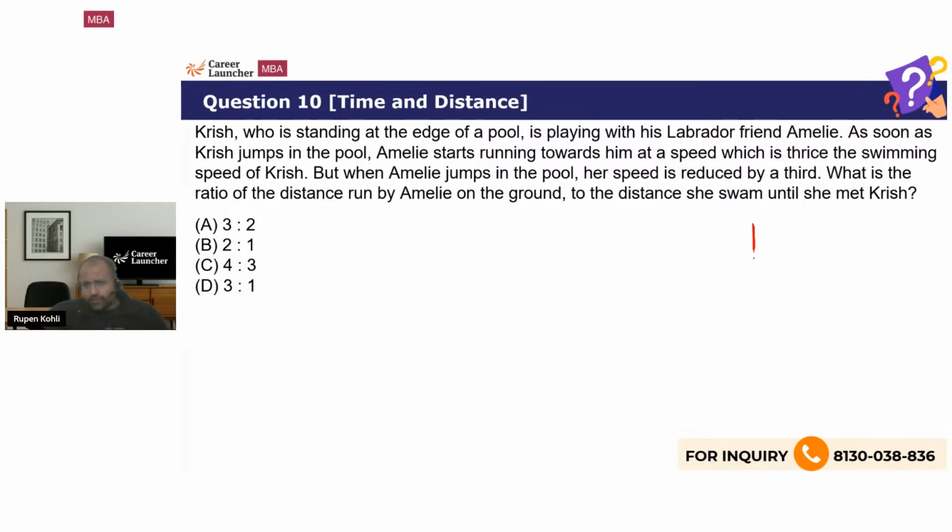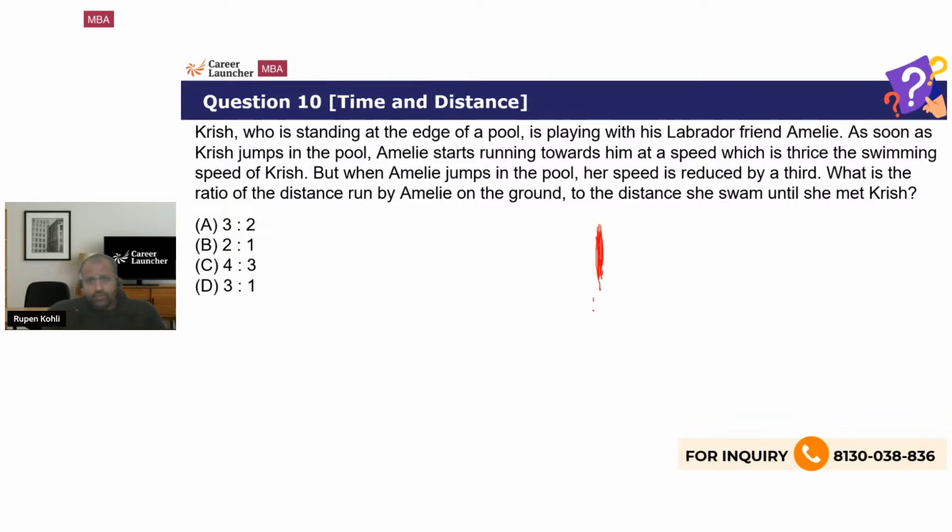So this is the edge of the pool starts on the right hand side, and Krish, who is standing at the edge of the pool, is playing. As soon as Krish jumps in the pool, Emily starts running towards him at a speed. So Emily must be somewhere behind. Let's say here she starts running. Just a second, let me do one small thing over here, because we have to also draw the diagram of the thing going ahead, right?